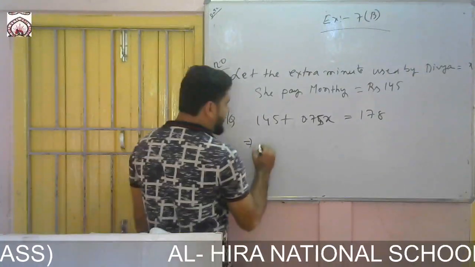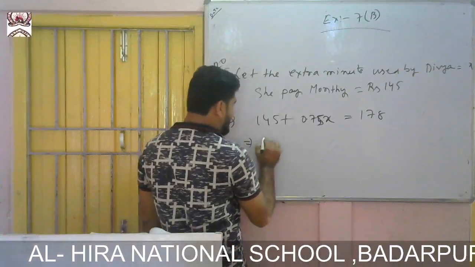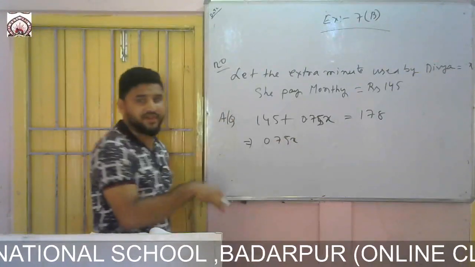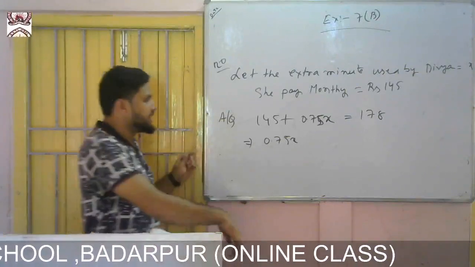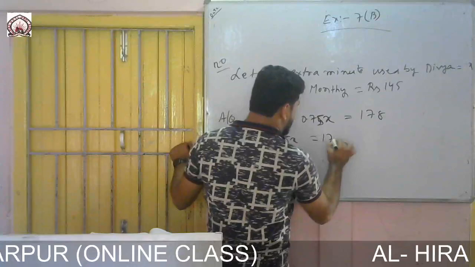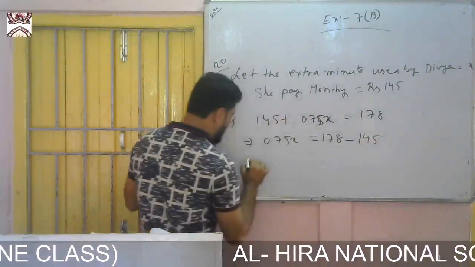Now solve it. 145 plus 0.75x equals 178. Why 0.75? Because it is paise, so I converted it into rupees. So 0.75x equals 178 minus 145.